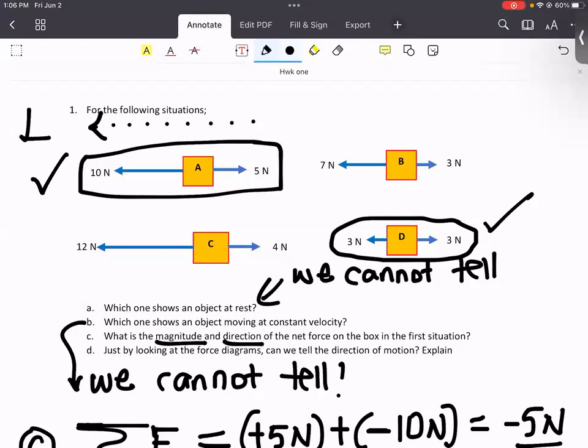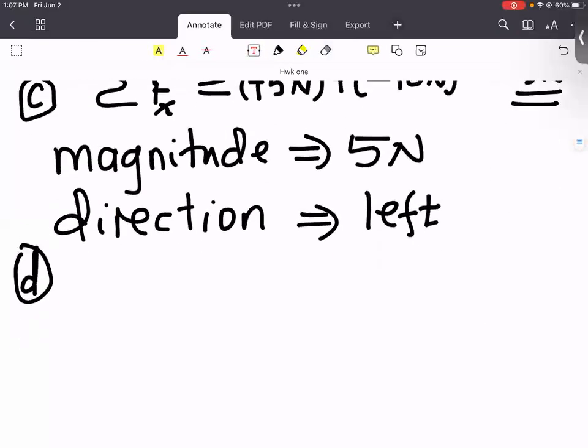So we'll have so many examples in which we know the direction of acceleration, but we may not know where the object is actually heading towards. So the answer is, let's go back to, no, we cannot tell.